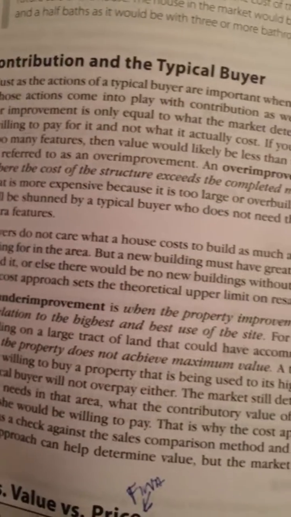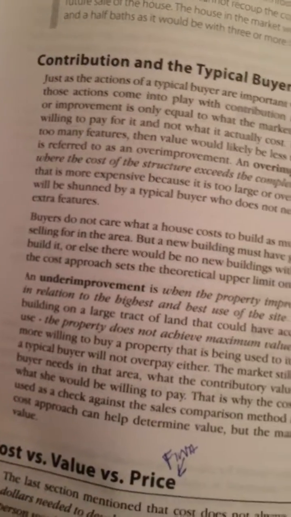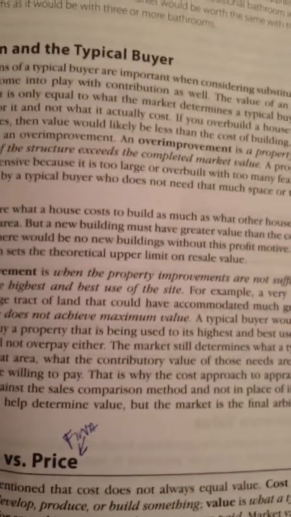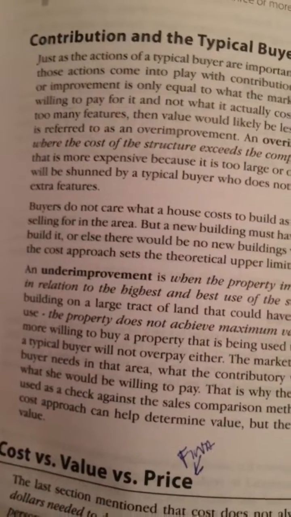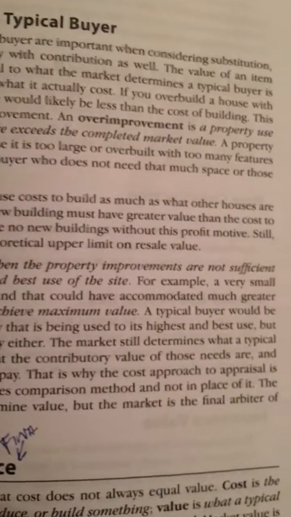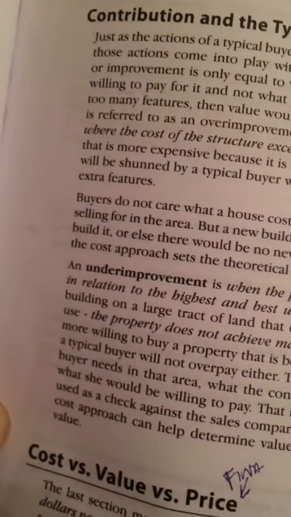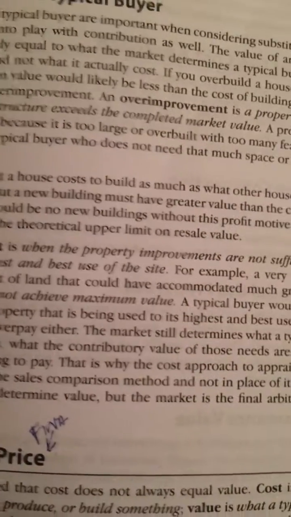Buyers do not care what a house costs to build as much as what other houses are selling for in the area. But a new building must have greater value than the cost to build it, or else there would be no buildings without this profit motive. Still, the cost approach sets the theoretical upper limit on resale value.